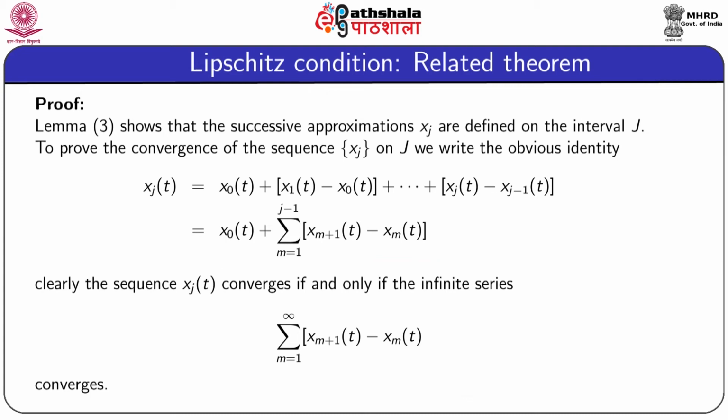Clearly, the sequence x_j converges if and only if the infinite series, summation m equal to 0 to infinity of x_(m+1) minus x_m, converges.